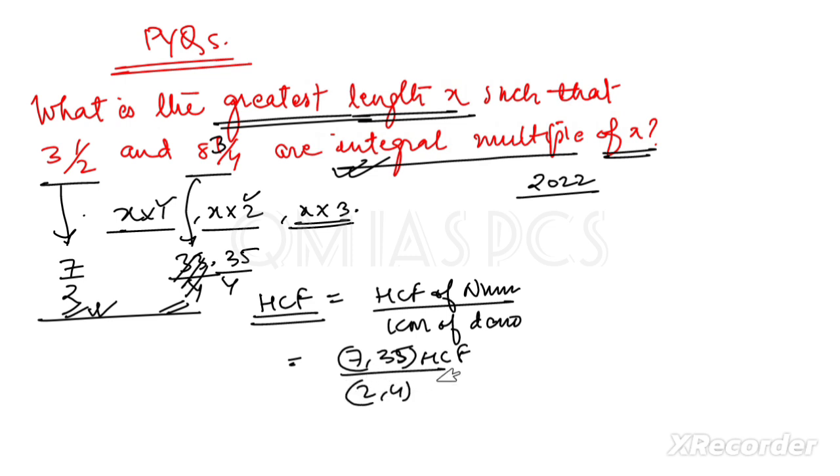So what is the HCF of 7 and 35? The HCF of 7 and 35 is equal to 7, and for this one the LCM is 4. You can calculate this one, the LCM of 2 and 4 is 4. Now you can convert this one, 1 whole 3 by 4. Yes, 1 whole 3 by 4 meter. So this is our answer.